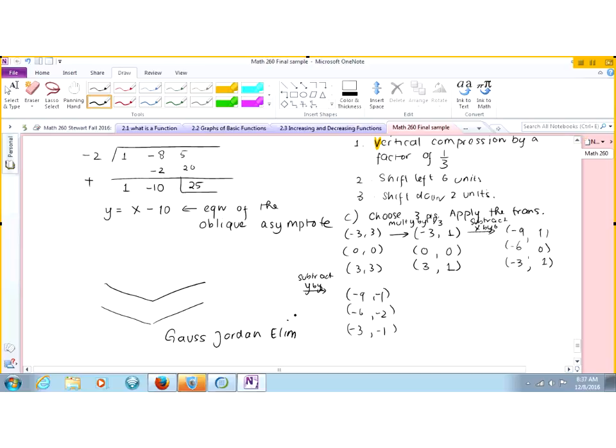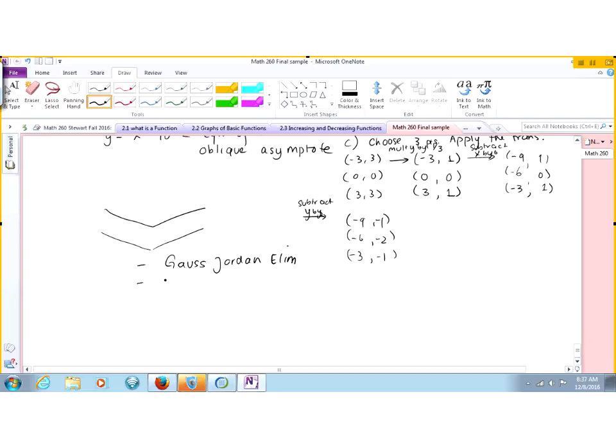That's Gauss-Jordan elimination. And what is the other one? Do you remember Cramer's rule? You have to remember both, right? Cramer's rule is the one in which we have to find the determinant. Remember that?